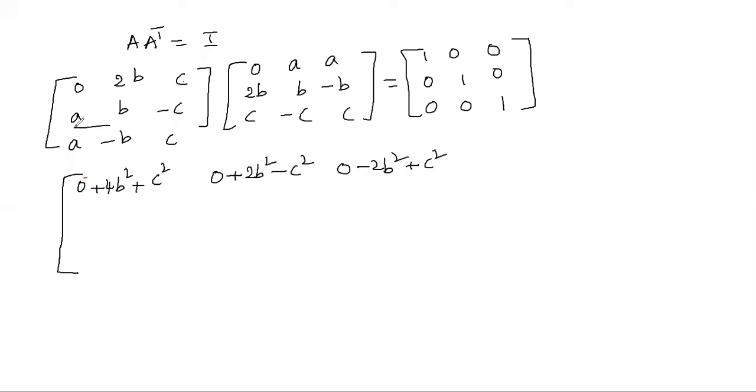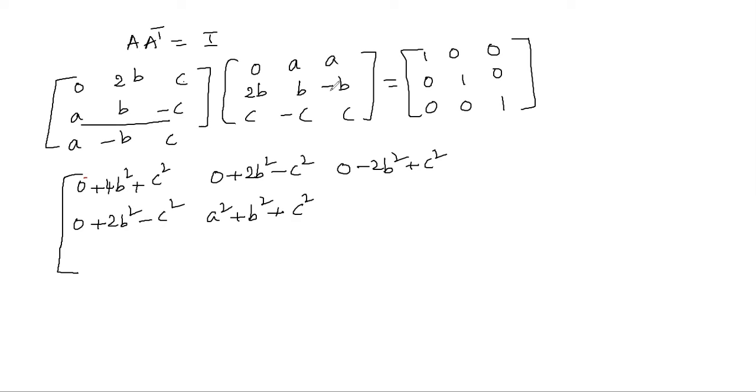Next, second row into first column: a into 0 is 0, b into 2b is 2b square, minus c into c is minus c square. Next second row into second column: a into a is a square, b into b is b square, minus c into minus c is c square.